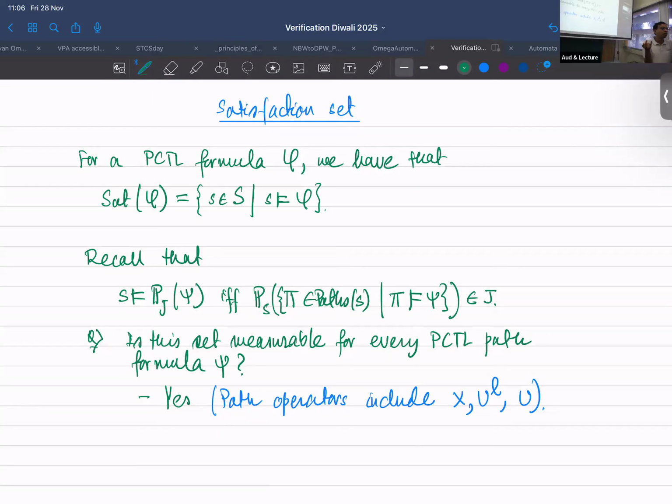You have to find some counterexample, and these are usually difficult questions. So I'll try to show one such possible proof, for example, given a particular PCTL formula, you'd like to show that there doesn't exist an equivalent CTL formula. Okay.